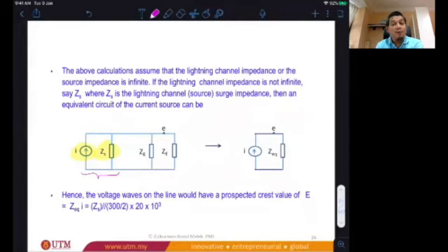The one that we have before, ZS is equal to infinity, but that is ideal. The non-ideal one, ZS is not infinite. It has a certain, maybe few thousand ohm impedance as shown there. So the equivalent circuit of a lightning current source can be more accurately modeled by I in parallel with ZS. And if that is the case, then your Z equivalent now becomes the parallel of ZS with Z with Z.